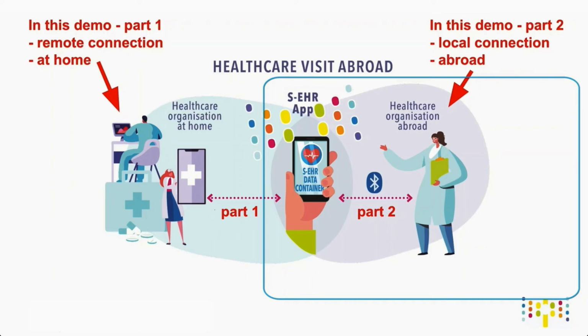Now this Belgian patient has their data on their phone, and he's going abroad to another country, for example Italy, and then he has a health problem, and then he goes to a hospital or to a family doctor, and we will see how we can connect to that doctor's software with a local connection, so not using internet, because you don't always have access to internet, and we will be using a Bluetooth connection here.